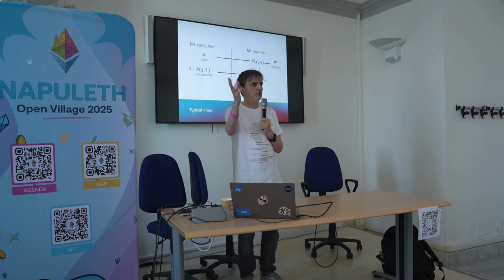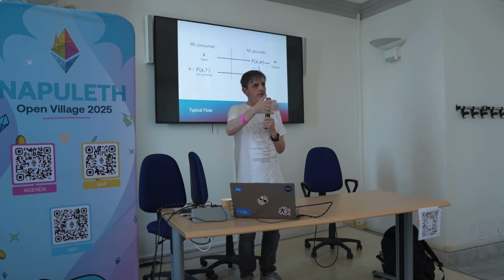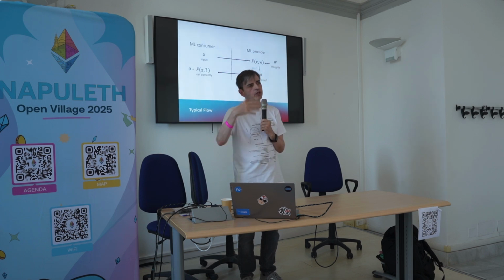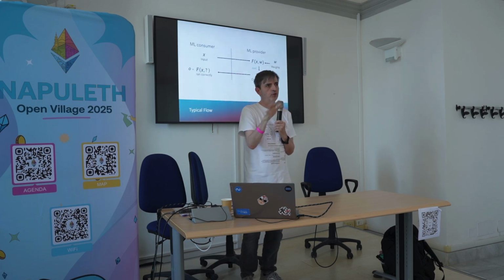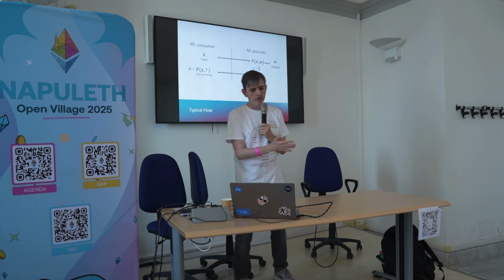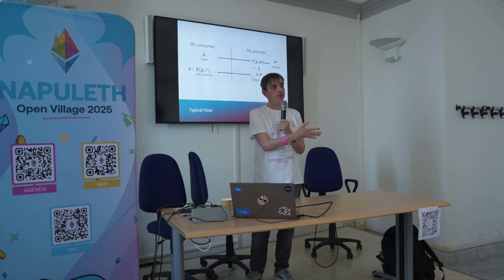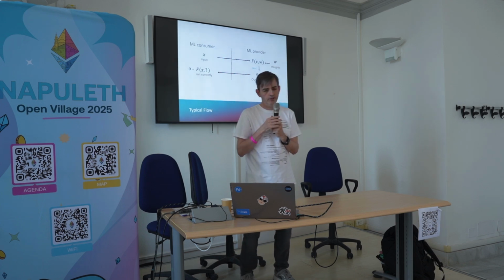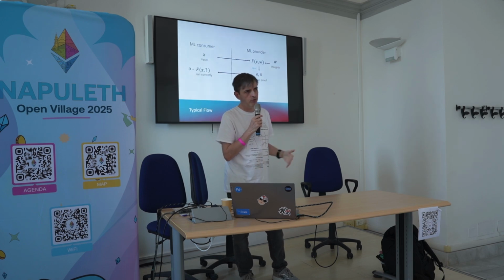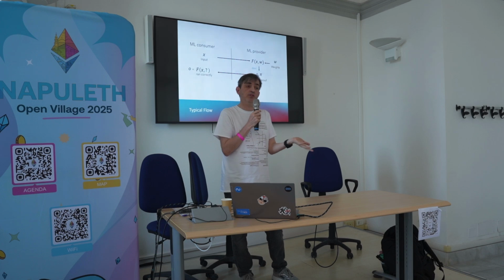The medical data has been analyzed and it says, yes, this shows that this particular thing is okay. But it also creates a proof to say, not only do you have the output, but we have a proof that that was calculated correctly, and we have a proof that it was done on a particular model. And so your machine learning consumer then gets back both pieces. So it gets back the output it wants, but also the proof that everything worked correctly, and proof that a particular model was used.